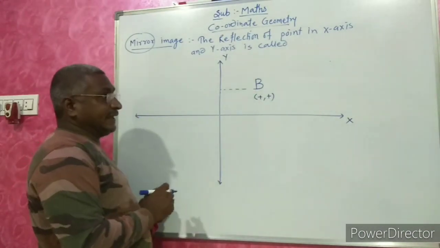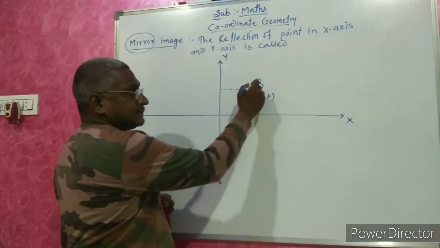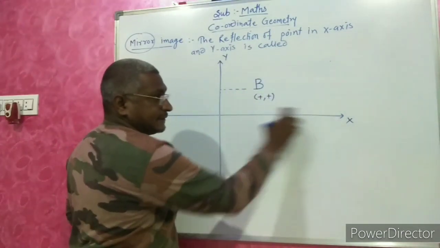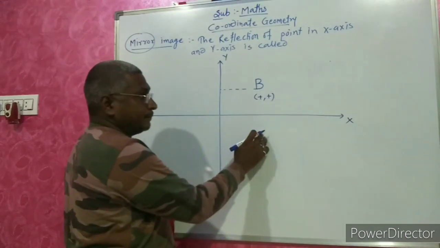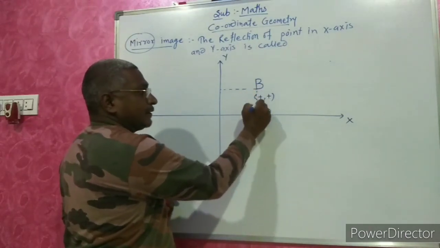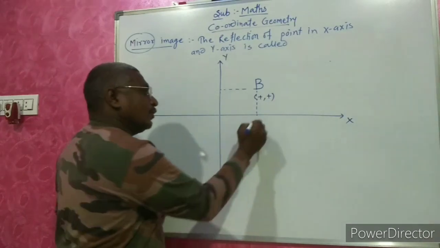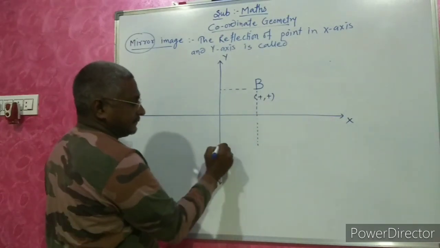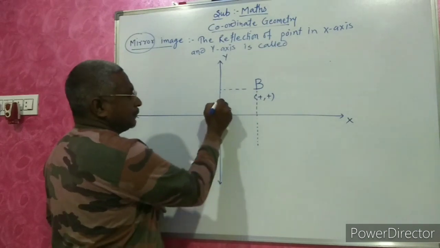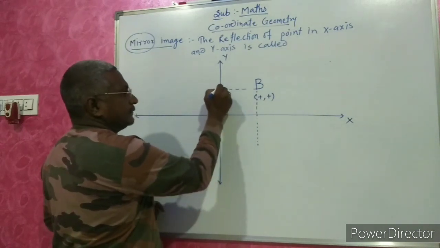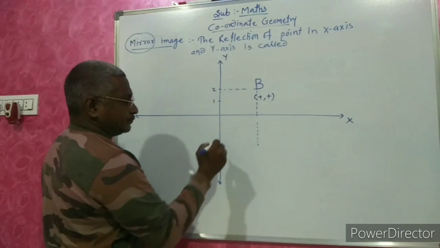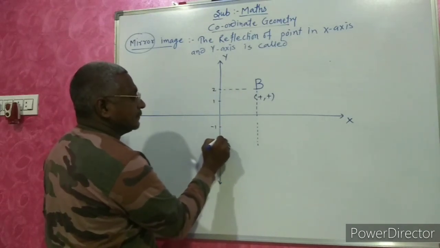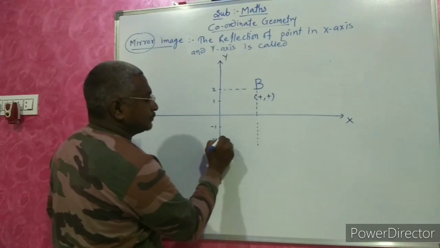Mirror image in the x-axis means what will we get? This x-axis behaves like a mirror, and from here, how much distance is there? At the same distance you will get the image. Suppose here 1, 2, here -1, -2.